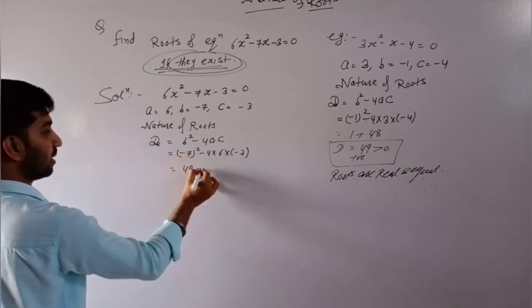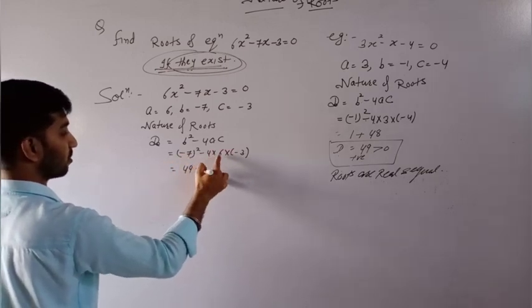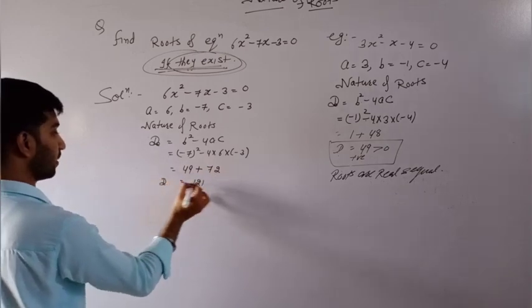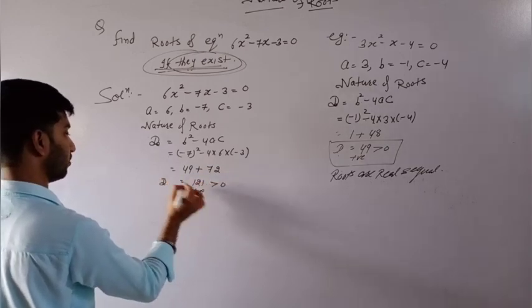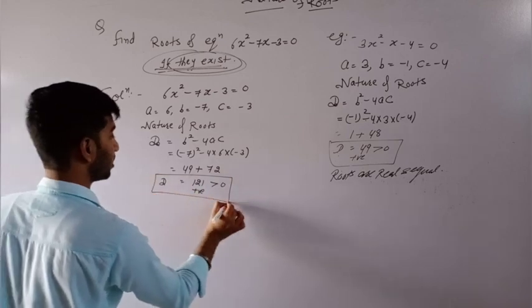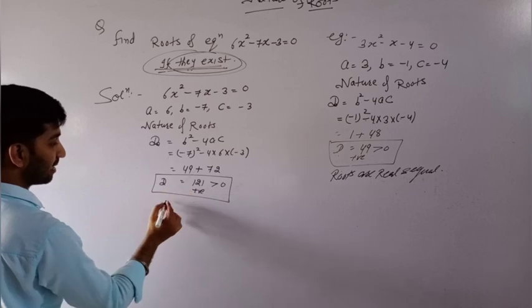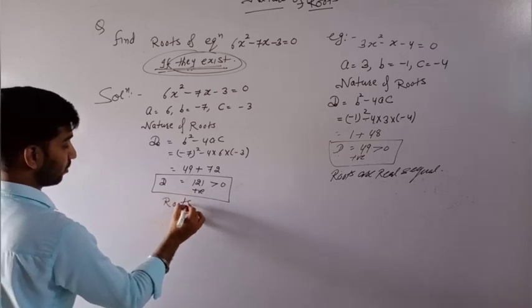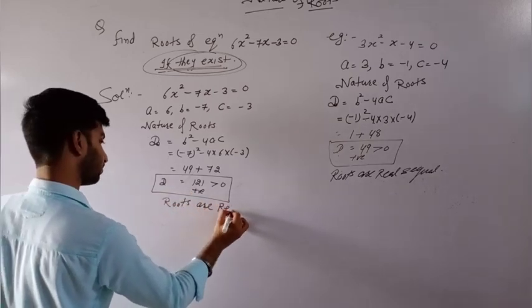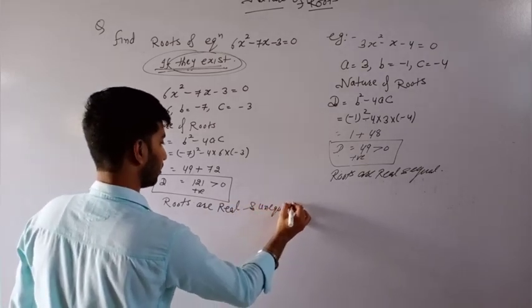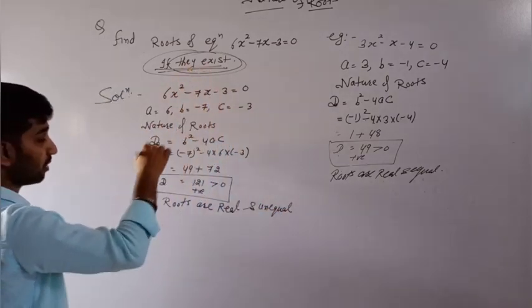Minus 7 square is 49, negative multiply negative is positive, 4 6s are 24, 3 24s are 72, so D is equal to 121, which is greater than 0, positive. If D is greater than 0, roots are real and unequal.